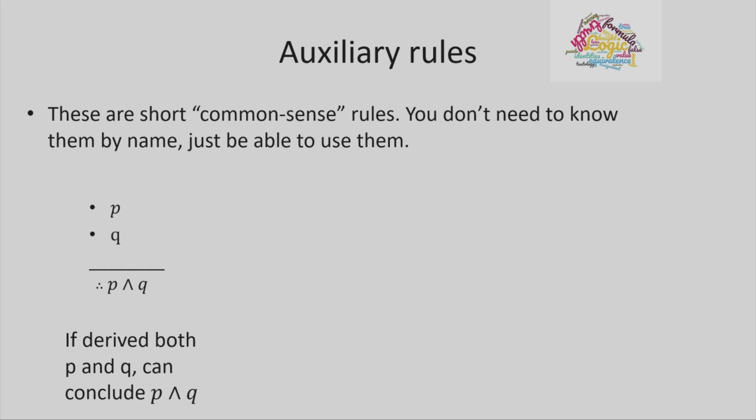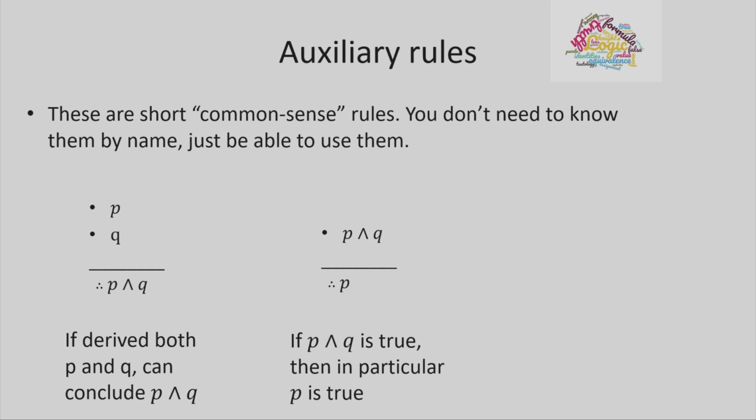And if premises are true, then Q must be true. Then you know what you derive both. So from knowing that P is true and knowing that Q is true, you can conclude that P and Q are true. If you derive both, then you could just write it. So again, it's not really something fancy, just common sense.